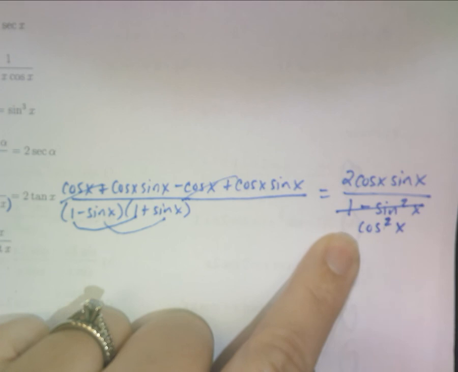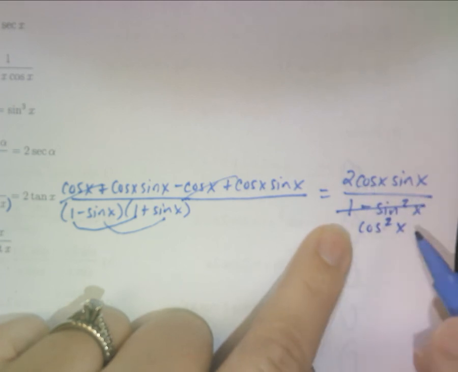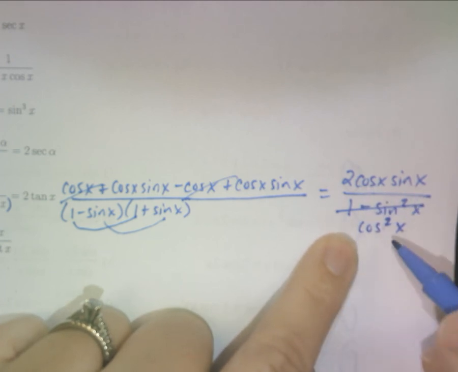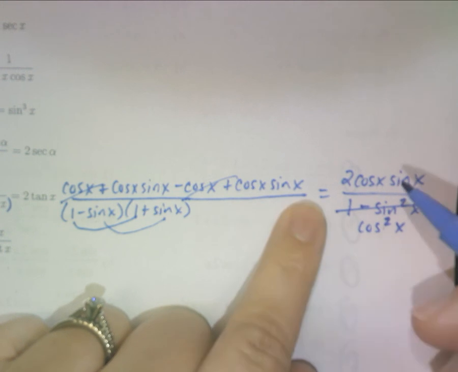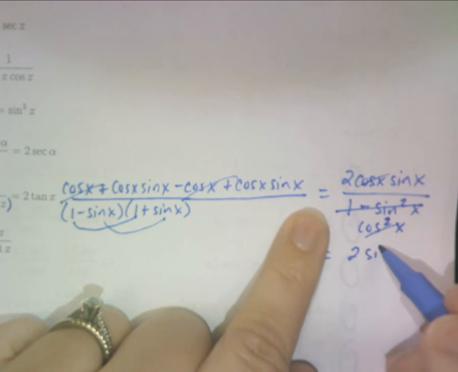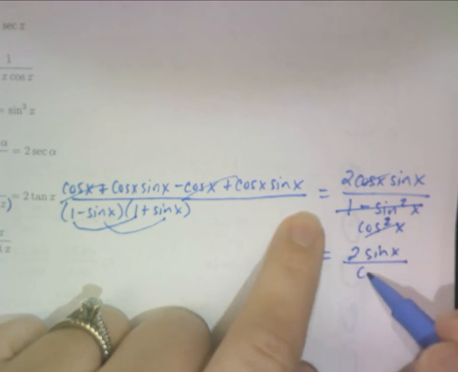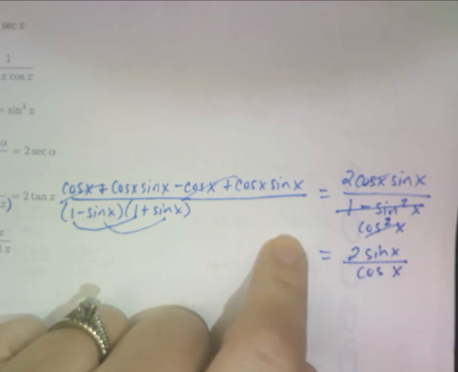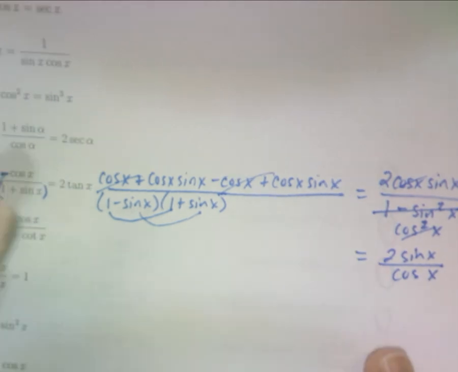And now, if you're multiplying things on top and then you have one monomial looking thing on the bottom, what can cancel from top to bottom? So what would you have left? 2 sine x over 1 cosine x on the bottom. Would you agree? And what's sine over cosine, everybody? Tan.